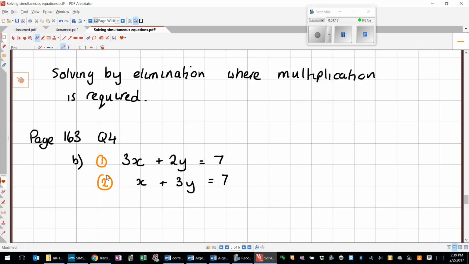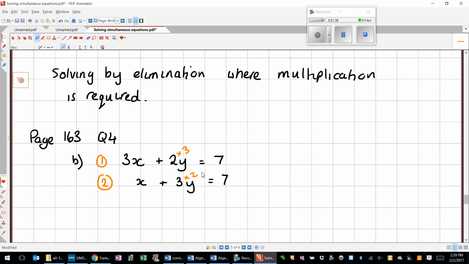They say always multiply both by each other, for instance. So they would say multiply number 1 by 3 and number 2 by 2, because that would make this 2 times 3 and this 3 times 2. So you automatically get 6y, 6y.